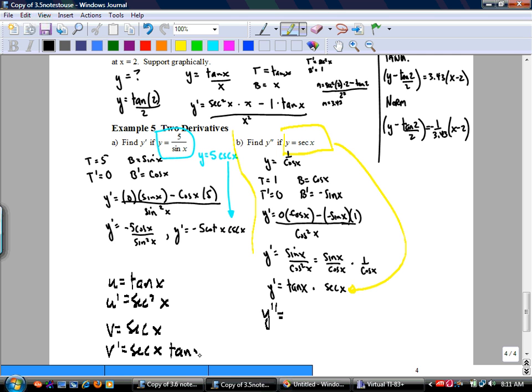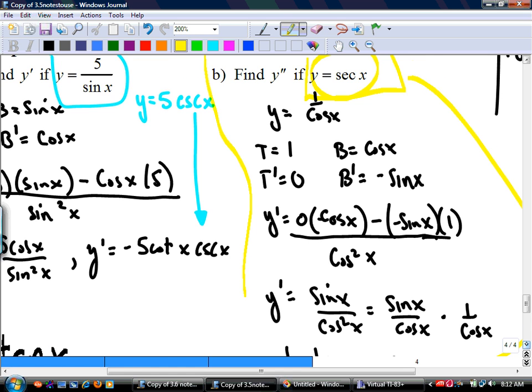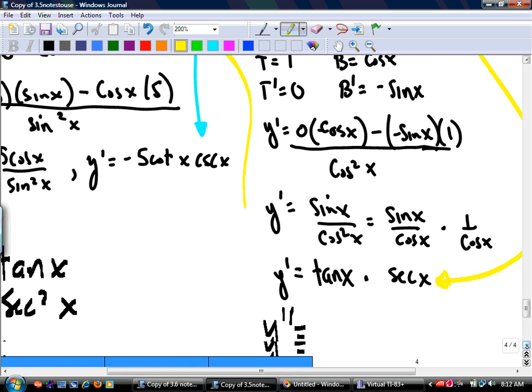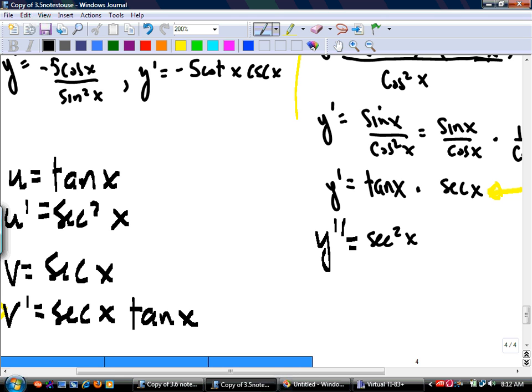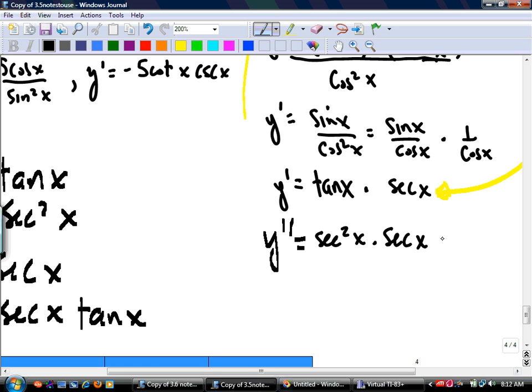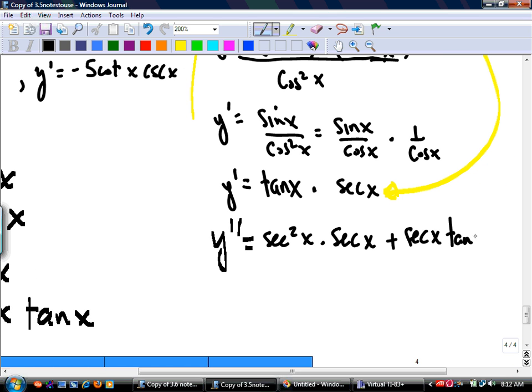All this highlighted work allows you to jump from here down to here, because I did all that work to figure that out. If you're not a memorizer, all you have to do now is drop everything where it belongs. The derivative of the first, secant squared x, times the second, secant x, plus the derivative of the second, secant x tan x, times the first.